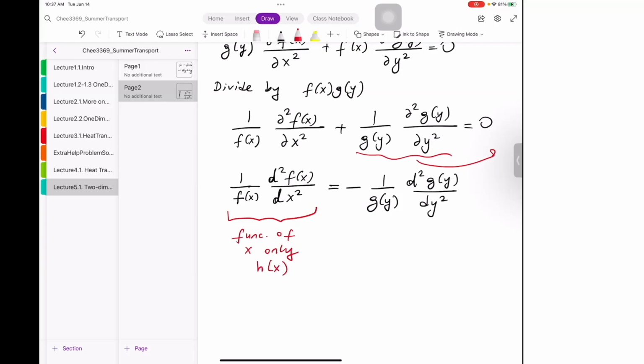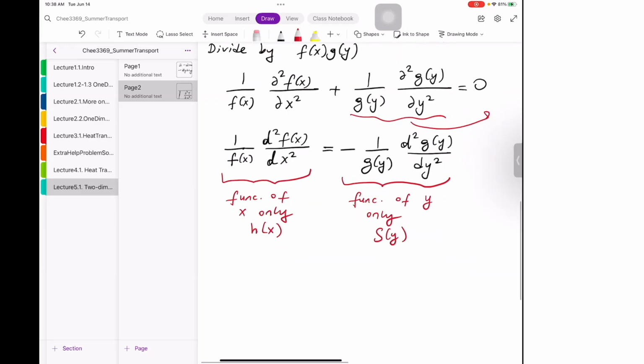On the other hand, the right-hand side is a function of y only, which is something like maybe, give me a letter, please. Okay, you're not helping me. Let's say s of y. Okay, good.